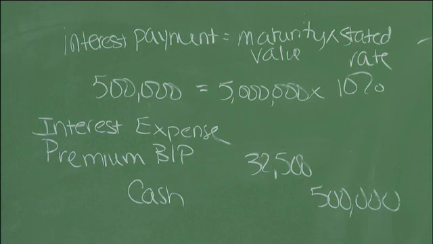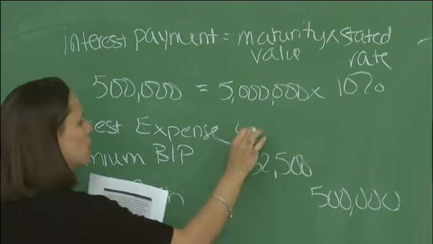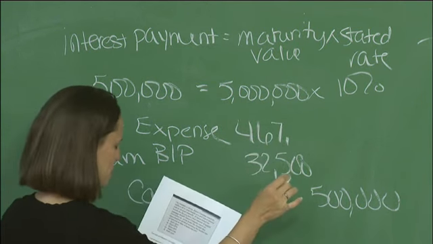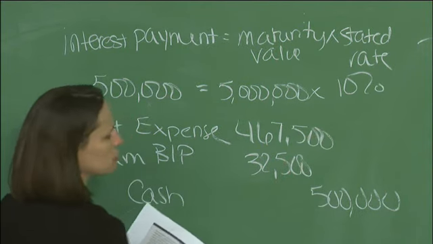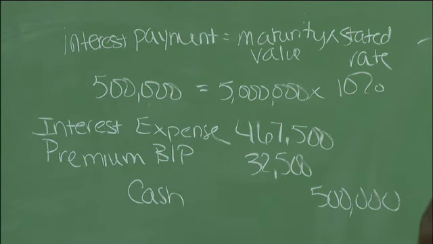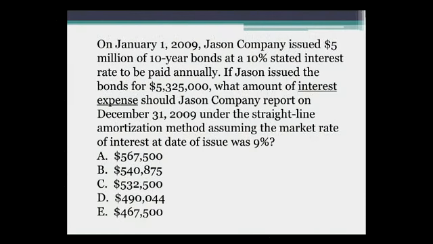So interest expense is our plug number. So the $500,000 minus the $32,500, we get $467,500. So the answer there is E.